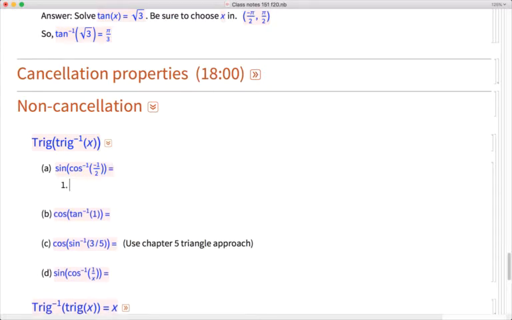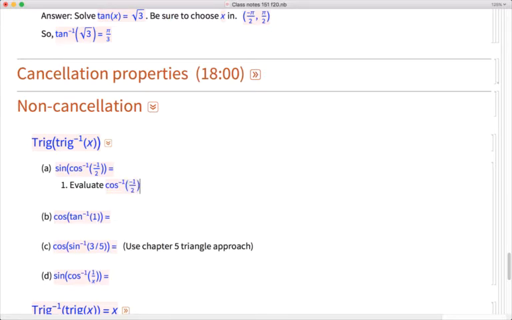One, evaluate inverse cosine of minus 1/2. And we do that by trying to solve cosine x equals minus 1/2. So we need to find a number whose cosine is minus 1/2.